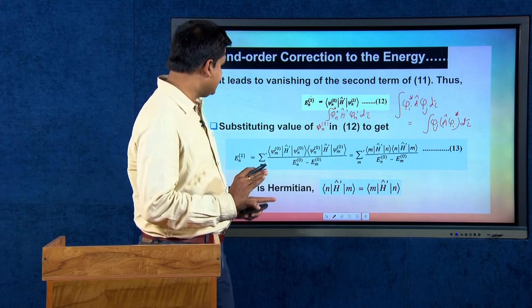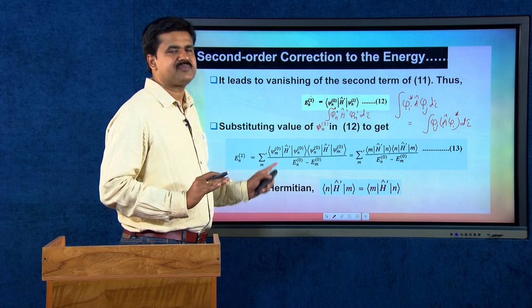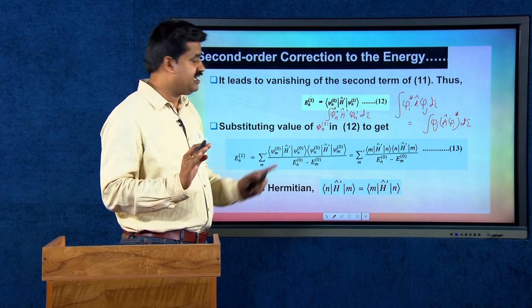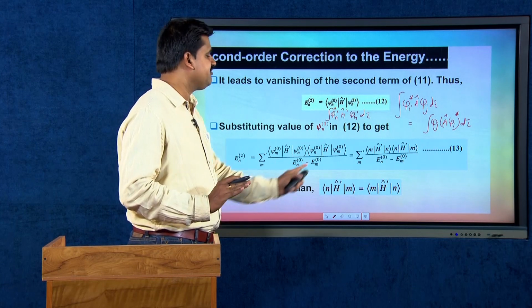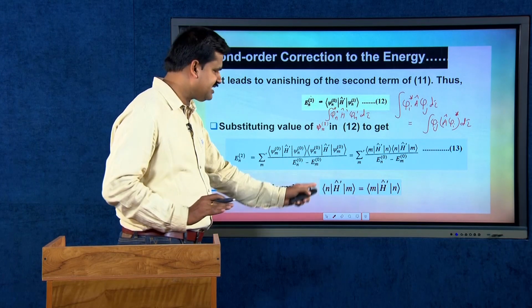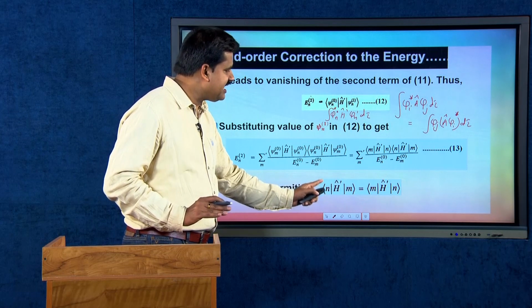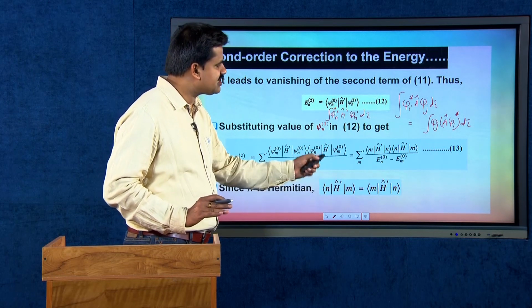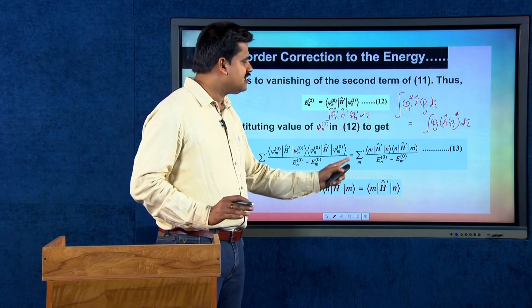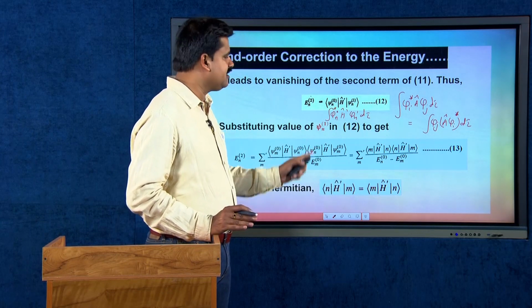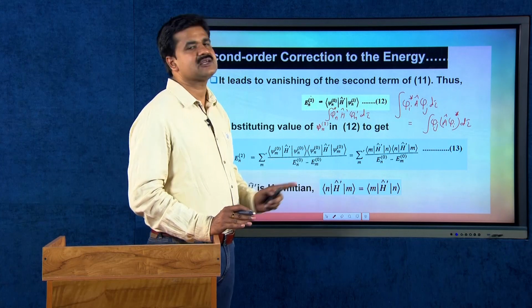And note the fact that h hat dash, that is the perturbation, is a Hermitian operator. So, based on that, we can arrive at the result that integral psi n0 star h hat dash psi m d tau is equal to the complex conjugate of integral psi m0 star h hat dash psi n0 d tau.